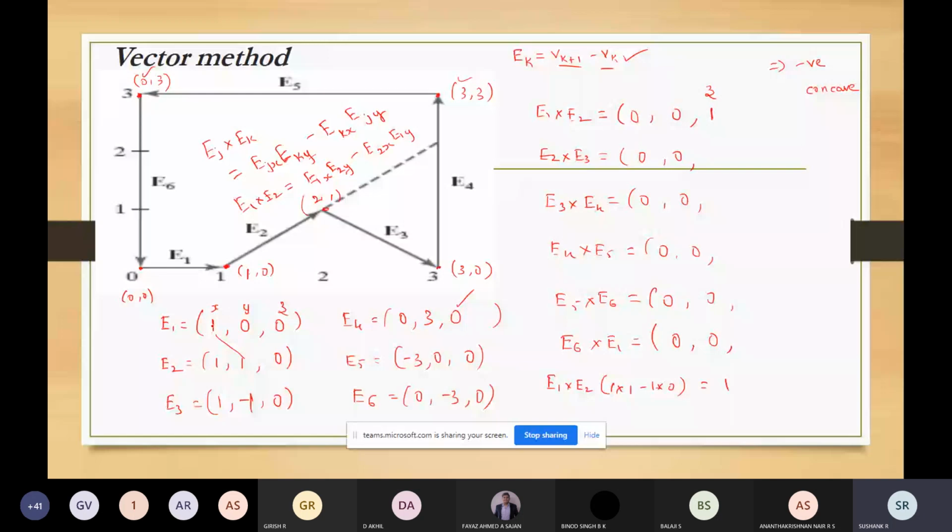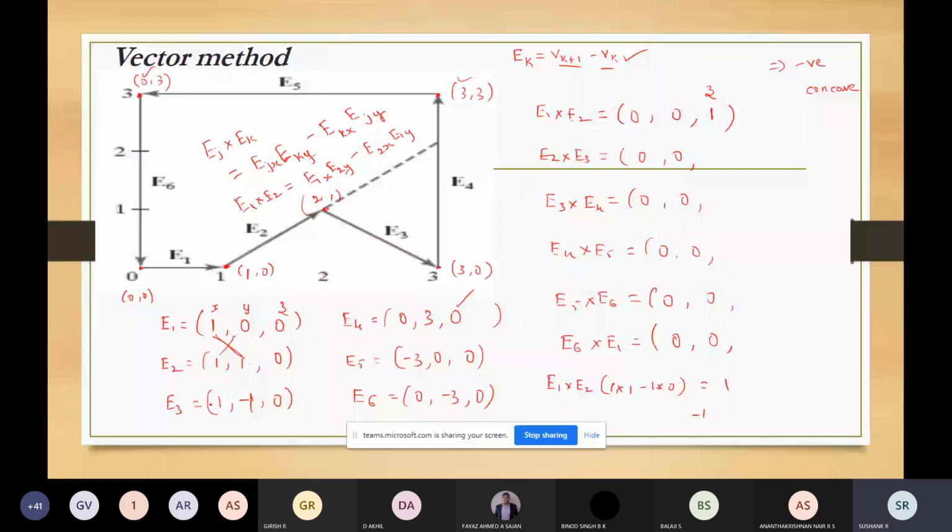So 1 into 1 minus 1 into 0 will be 1. So the cross product for E1 into E2 will be 1. Similarly, for E2 into E3, 1 into minus 1 will be minus 1. Again, minus of 1 into 1 will be minus 1. So minus 1, minus 1 will be minus 2.